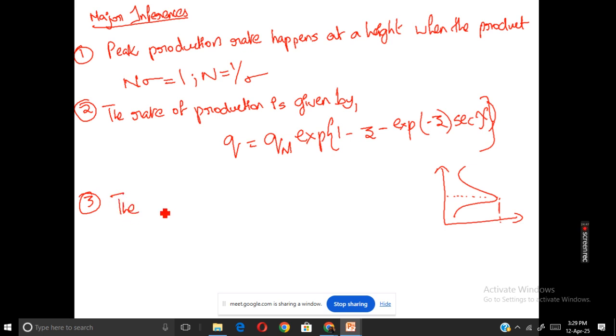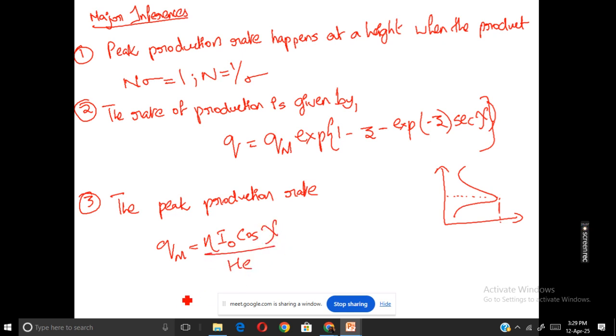And the third one, the peak production rate is given by Qm is equal to eta I0 cos chi by He, or at zero zenith angle given by Qm0 is equal to eta I infinity by He.